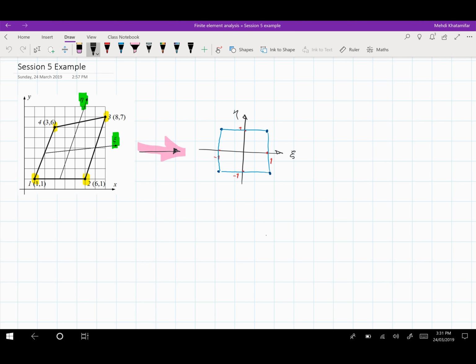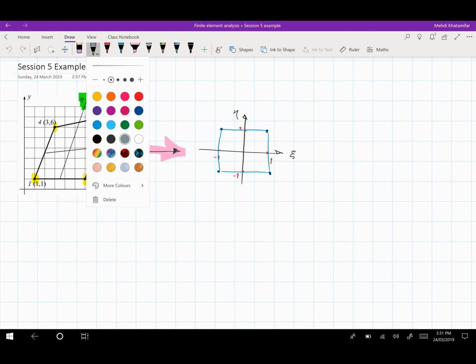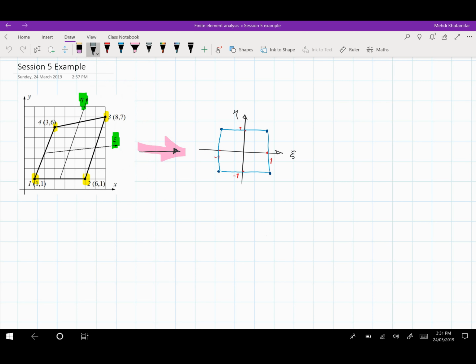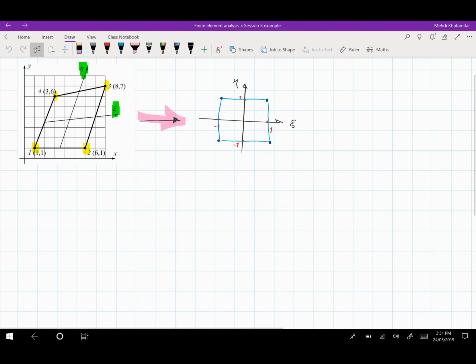Okay, the first thing I'm going to add would be, let's find x and y. We know that the general formula for x was n1 x1 plus n2 x2, depends on how many nodes we have.